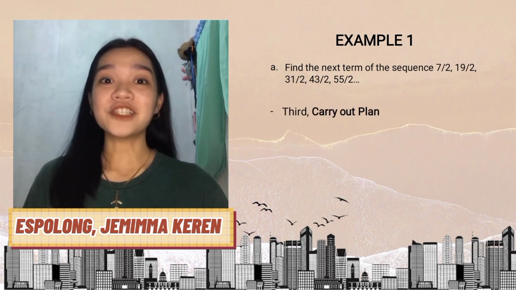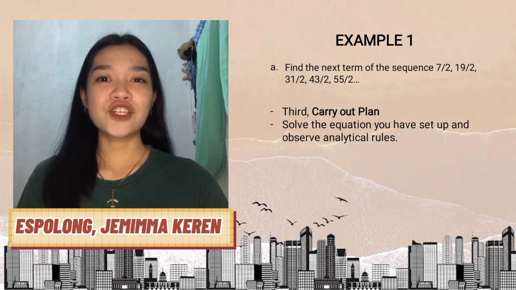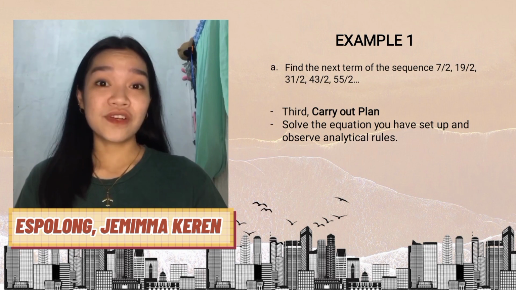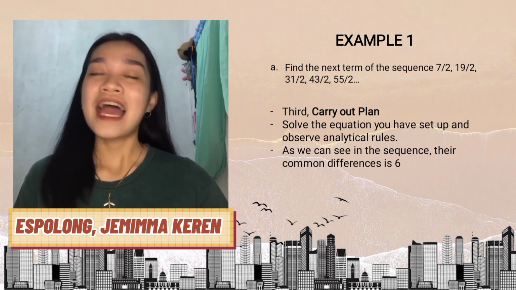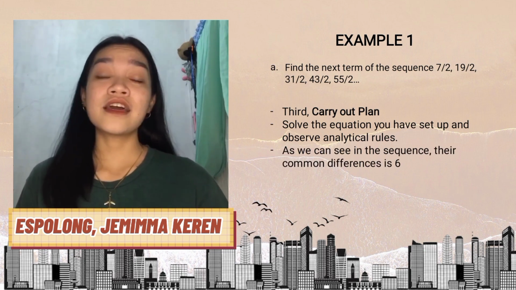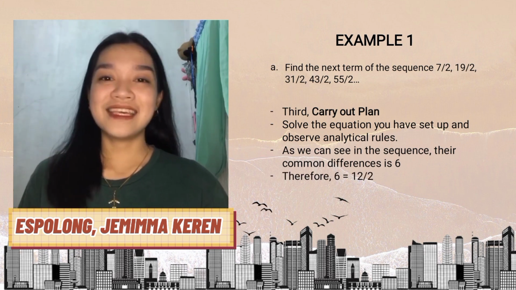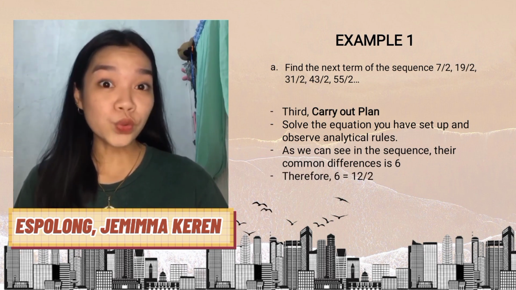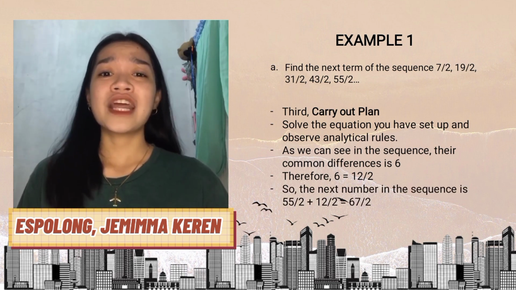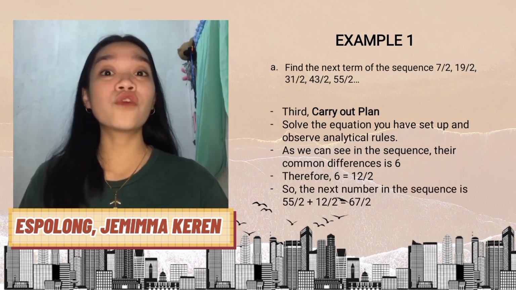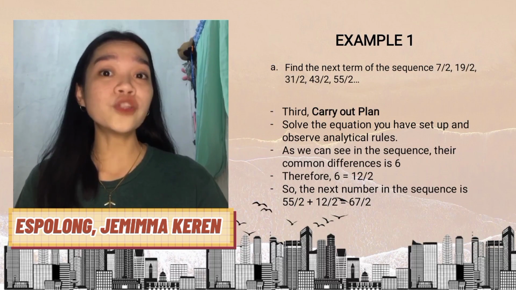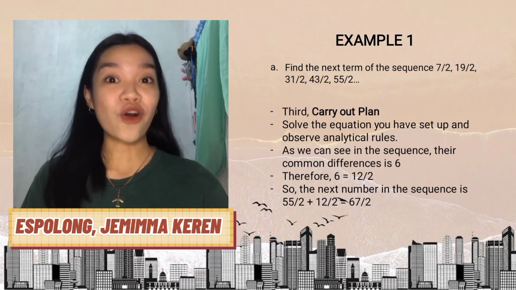Third, carry out the plan. Solve the equation you have set up and observe analytical rules. As we can see in the sequence, their common difference is 6. Therefore, 6 equals 12/2. So, the next number in the sequence is 55/2 plus 12/2 equals 67/2.